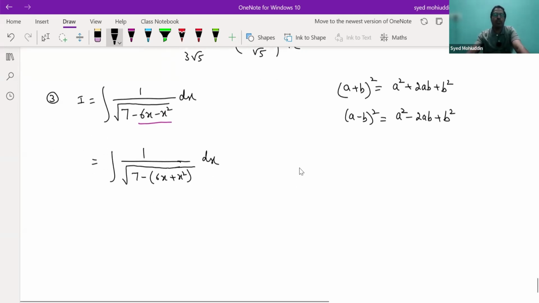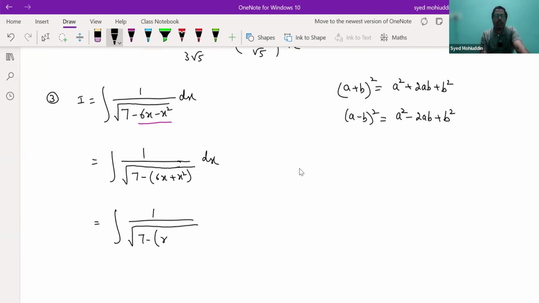Now let me use a standard formula. It is integral of 1 by root of 7 as it is, minus. First I'll write x², which will give us this a² value, plus 2ab. What is 2ab over here? 2 into a, and the a value is x only. 2x into b.